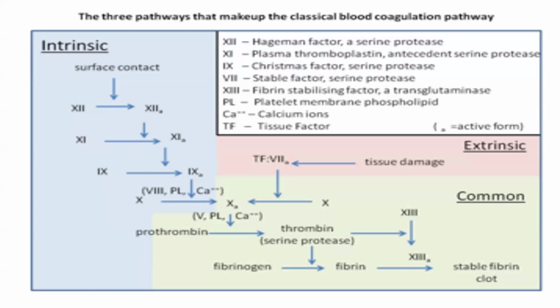So basically, we need to understand this pathway so that in case you're doing a lab diagnosis or you get a report from the lab, you will understand which pathway is affected, and you will see where the pathway is affected.